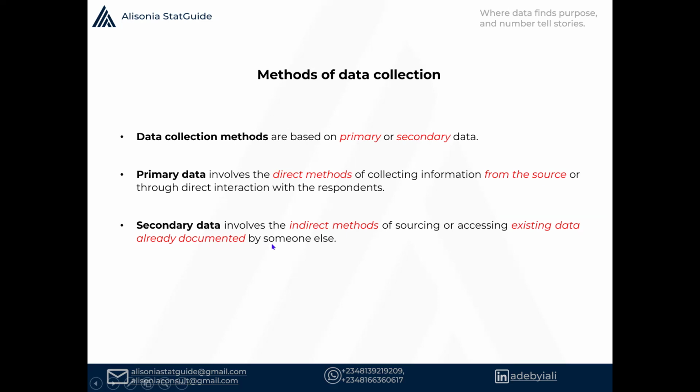If you go to the Central Bank of Nigeria to explore the GDP of the country, or to the National Bureau of Statistics to explore the exchange rate, that is already documented by the Nigerian government, but you need those data, so that's why you go there. In that sense, you say that you are collecting secondary data. That is what it means to be already documented by someone else.